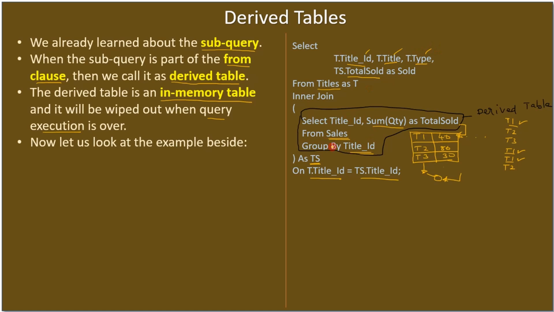If we use only this query, it poses a restriction that you can use only the title ID, because that is part of the group by clause. The moment you use title, the query will throw an error stating that title is not part of the group by clause, or title is not used in an aggregate function, right? So that's all here. Now we will go to the demo.